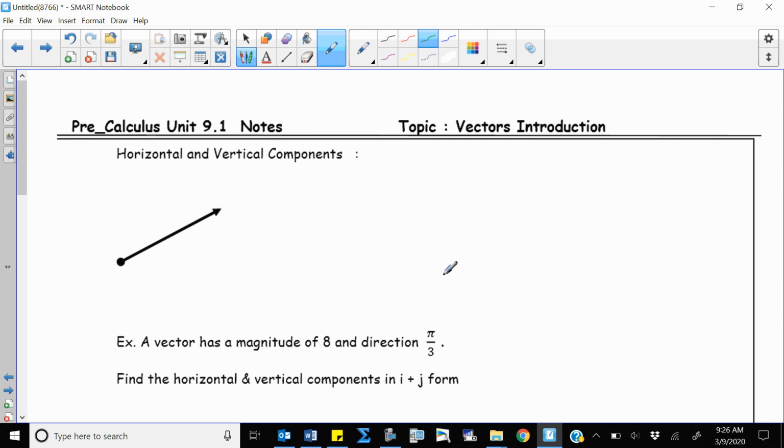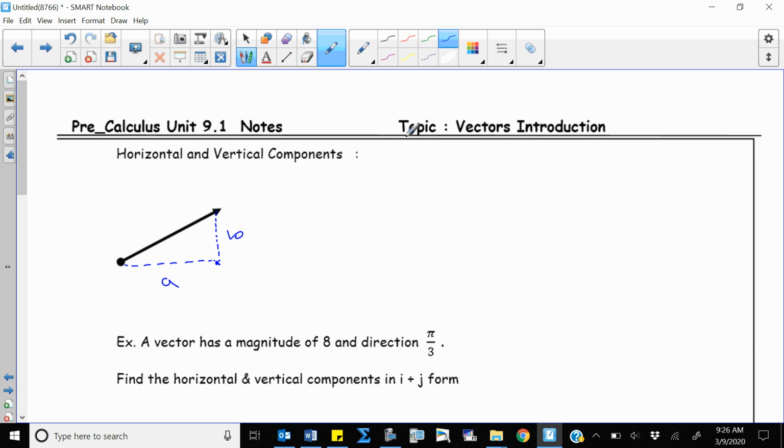Let's talk a little bit more about horizontal and vertical components. So we said if we have a vector, the horizontal distance between the initial point and the terminal point is called the x component. Let's call that a. And the vertical distance between initial and terminal is called b.